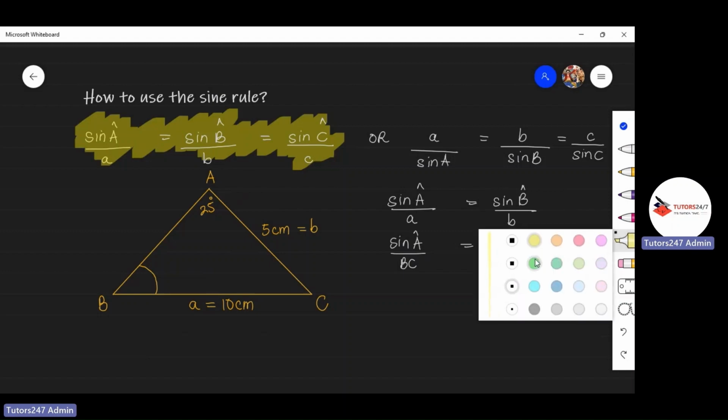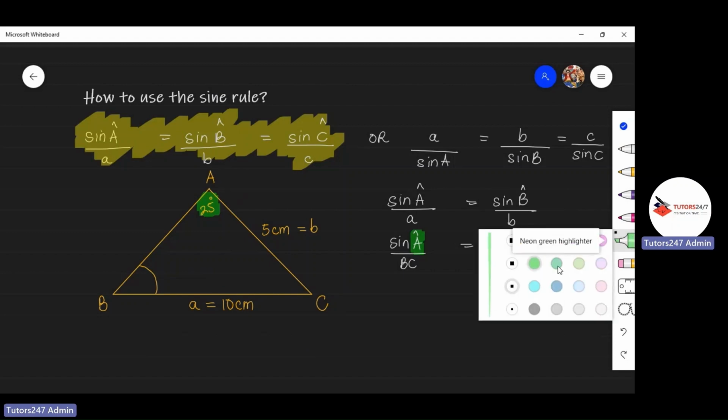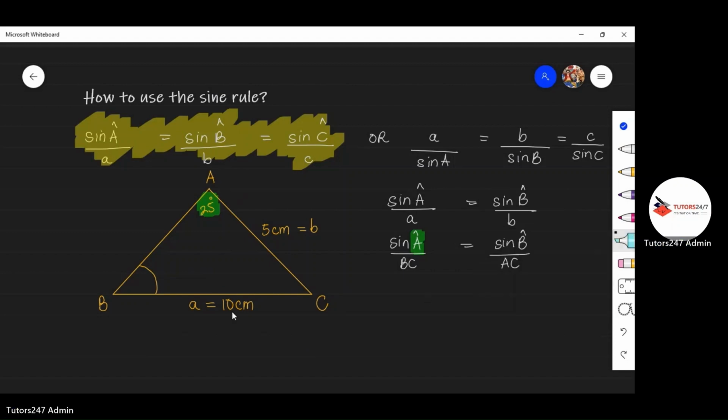So let us investigate what is actually known. We have an angle of 25 degrees. That is our angle A. We then have an angle B, which is what we are trying to calculate. That is unknown, so we're not going to substitute for that.